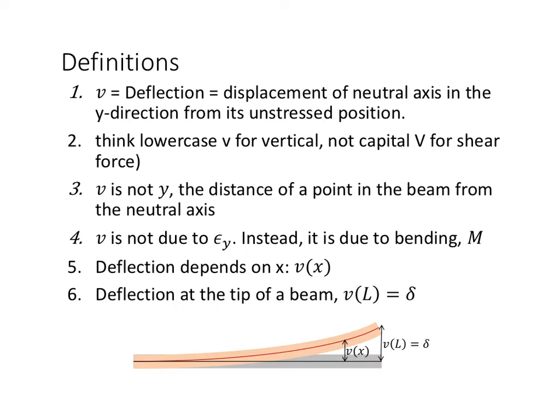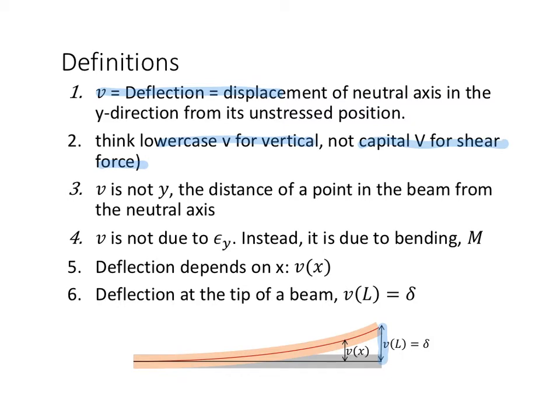So v, lowercase v, not to be confused with capital V for shear force. Lowercase v for vertical is the vertical deflection of the neutral axis that occurs when a beam deflects, and that is the deflection from its unstressed position.